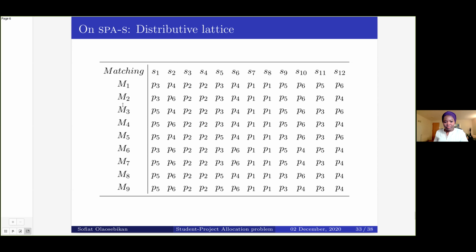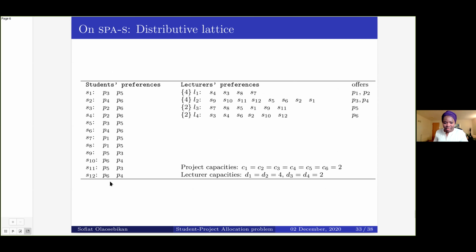So the meet of M2 and M3 is a matching such that if a student is assigned 2 different projects, then they get their best project, which is P4. Here as well, we have S12 assigned to P4 in M2, and S12 assigned to P6 in M3. But in M1, she's assigned P6. That means that S12 prefers P6 to P4.